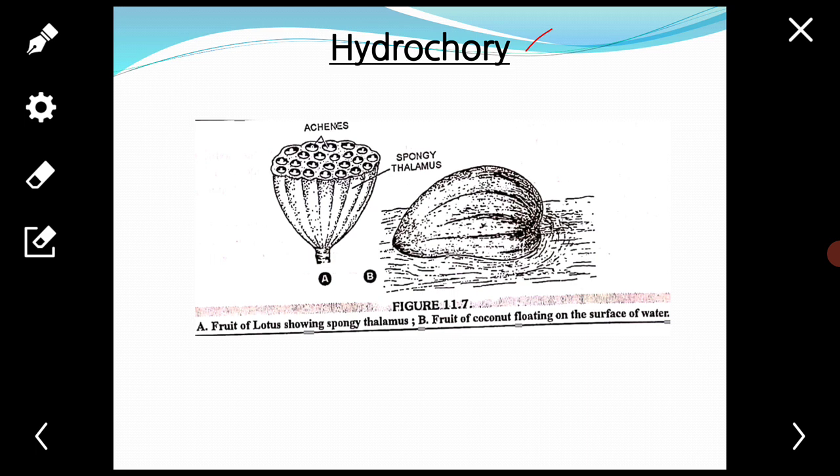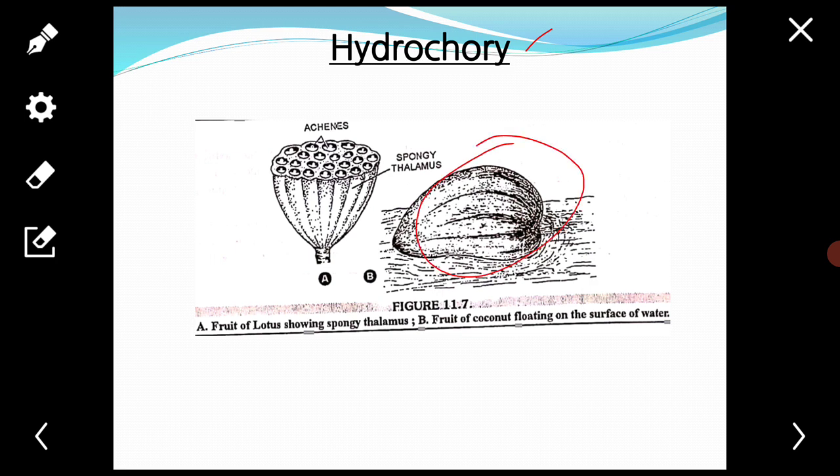Example, in Cocos nucifera, the fruit possesses fibrous mesocarp which encloses large air spaces to help them float in the water.